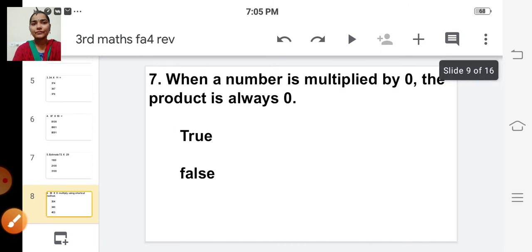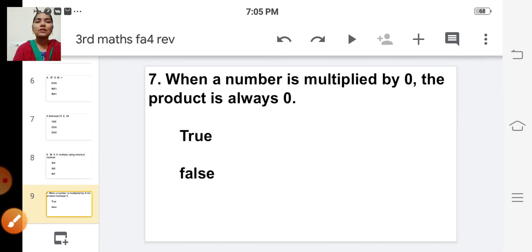Okay, the next one. When a number is multiplied by 0, the product is always 0. True or false?